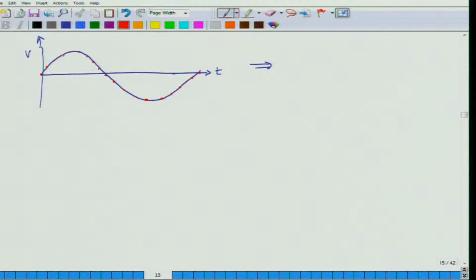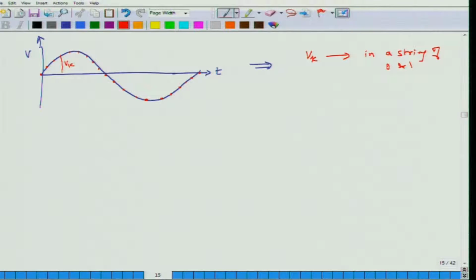Okay. So, each of these, let us say this is Vk. So, it actually converts this analog signal into Vk, that is the first thing it does, and then it represents this Vk in a string of 0 and 1.